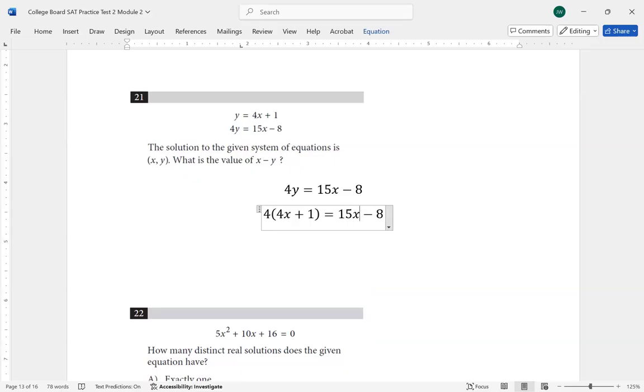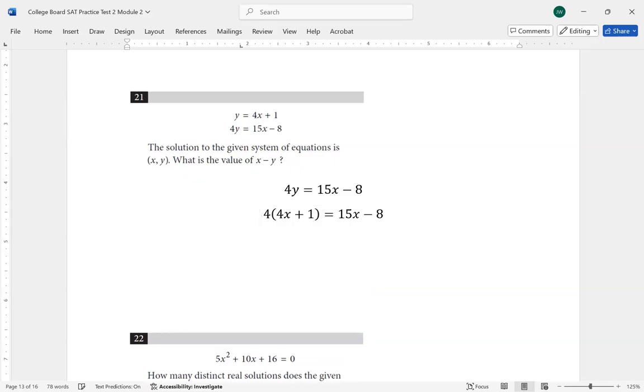When I do my substitution, I get 4 times the quantity 4x plus 1 is equal to 15x minus 8. So now I can solve for x.